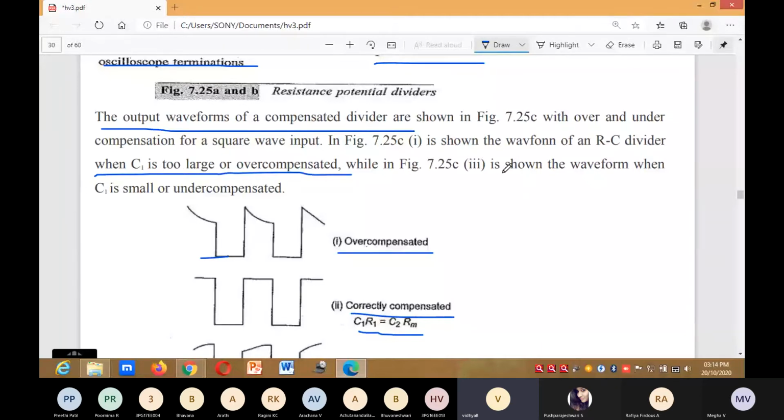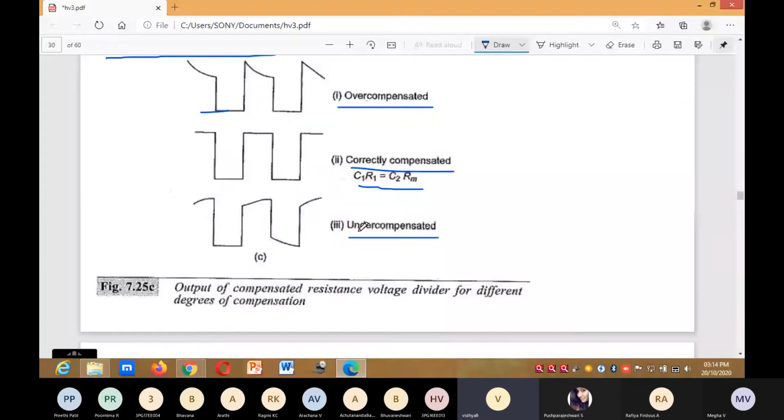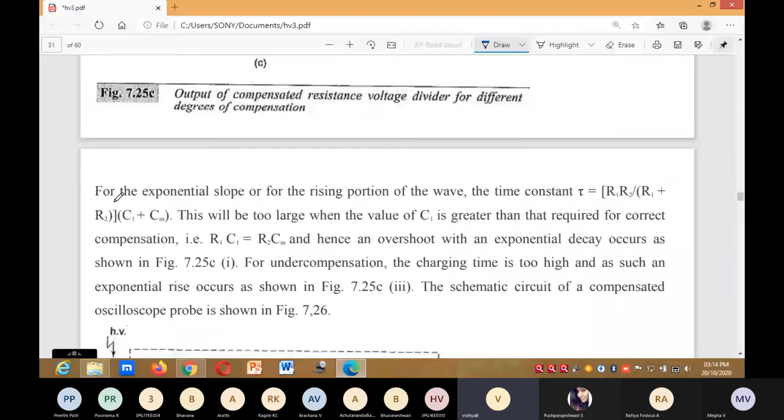The third one is the waveform when C1 is small, or undercompensated. For the exponential slope of the rising portion of the wave, the time constant tau is equal to R1 R2 divided by R1 plus R2, into C1 plus Cm.